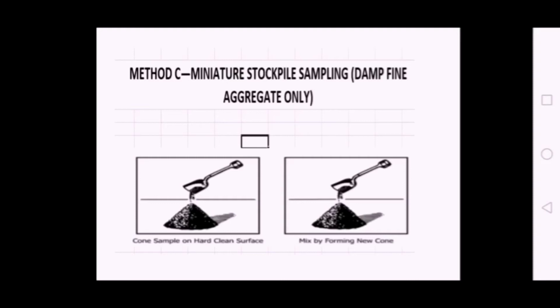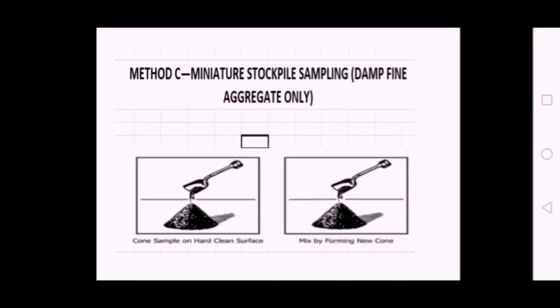Now Method C, miniature stockpile sampling, damp fine aggregate. In this method we need apparatus: a straight edge scoop, shovel, and a trowel for mixing the aggregate. Either a small sampling tube, small scoop or spoon for sampling will be needed. Place the original sample of damp fine aggregate on a hard, clean, level surface where there will be neither loss of material nor accidental addition of foreign material.